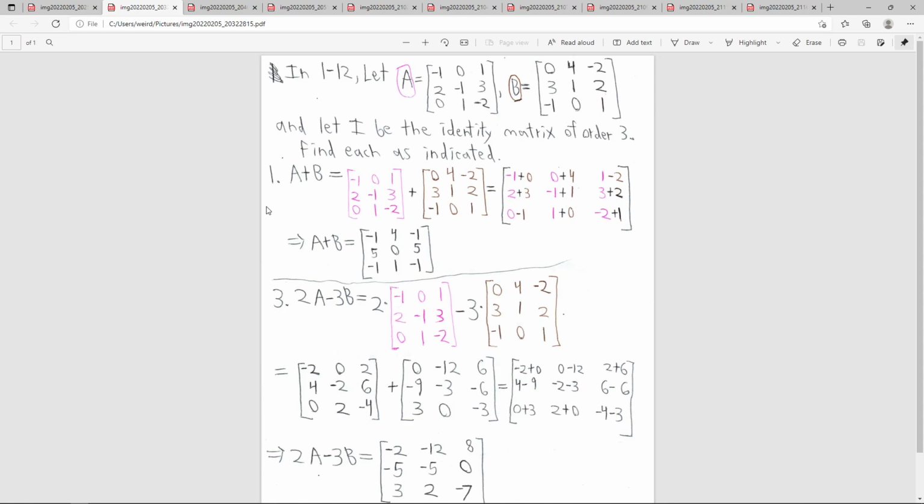As you recall from the Operations Research video, if you watched that one. A plus B equals the sum of these two matrices: you just add the individual components from each entry. You add the entry from A and the entry from B in the same position. 2 times A minus 3 times B: you multiply a scalar into each of them, and then you add the two matrices, and it's the same process.